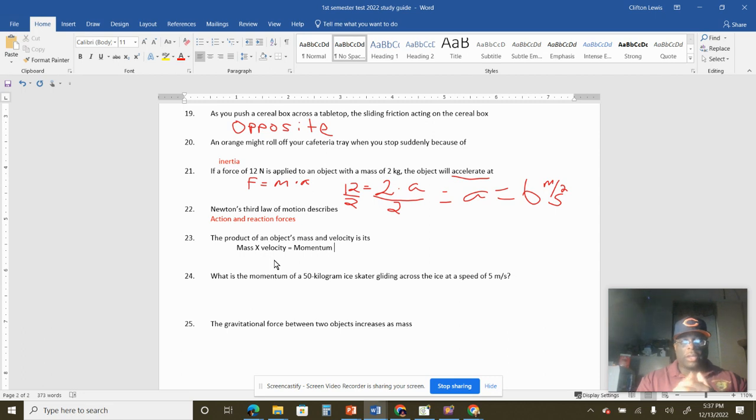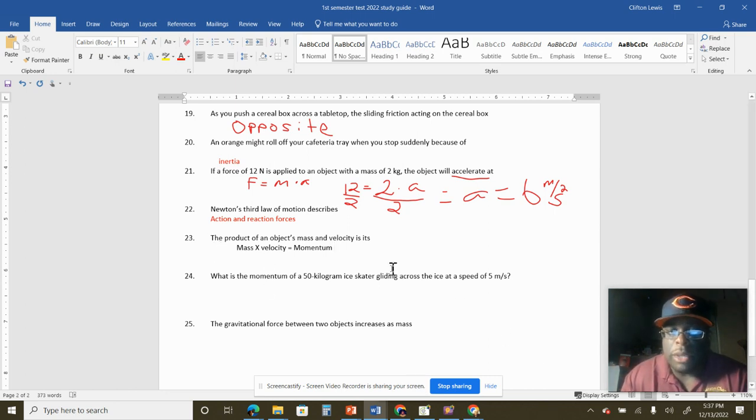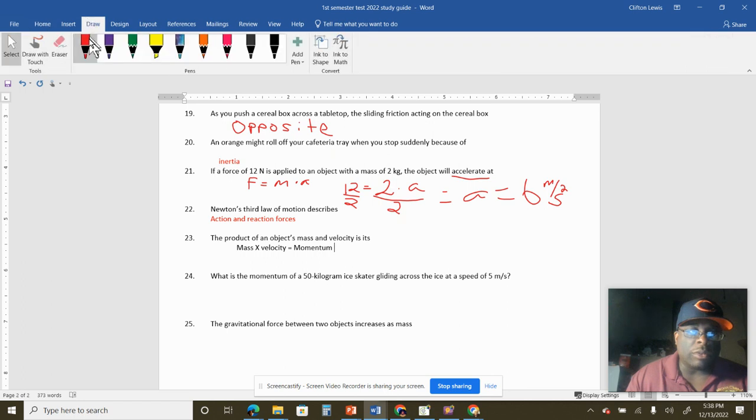All right, more math. What is the momentum of a 50 kilogram ice skater gliding across the sheet of ice at a speed of 5 meters per second? So that's the formula. Give me the mass, and here's the velocity. I'll take these two numbers, plug them into the formula that I just used, and do some multiplication.